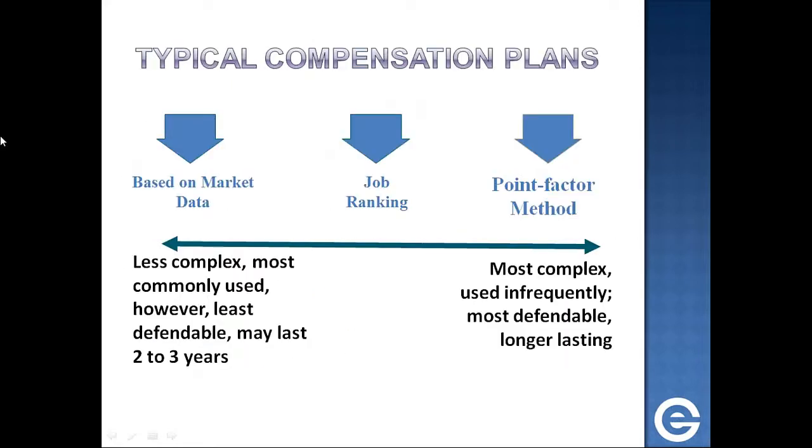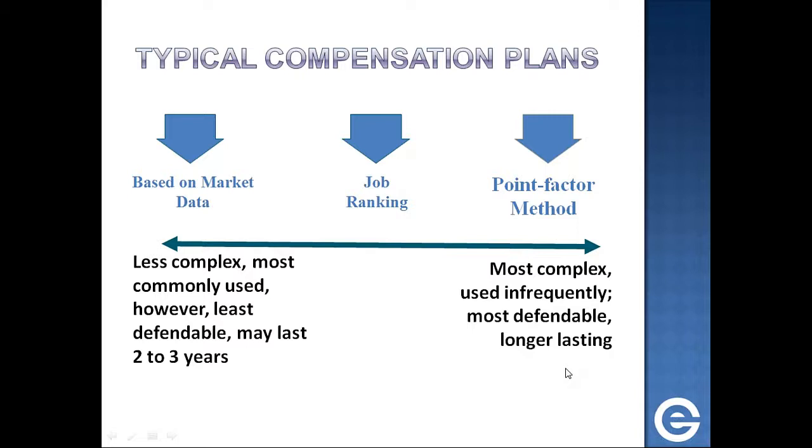Typical compensation plans are based on market data or job ranking. The third one is a point factor method. The first, a market based on job and market data, are less complex. They're the most commonly used, and they are not as defendable as the point factor method.